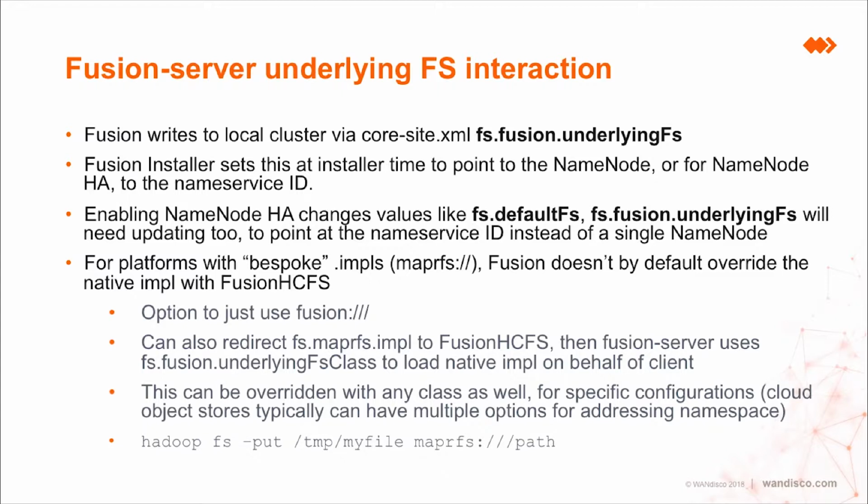Platforms with custom impls, for example MapR: Fusion doesn't by default override the native impl with the Fusion HCFS. One option is to just use the Fusion URI. That's fusion:/// with three forward slashes. You can also redirect the fs.maprfs.impl to Fusion HCFS.